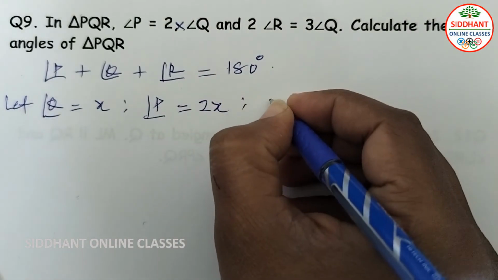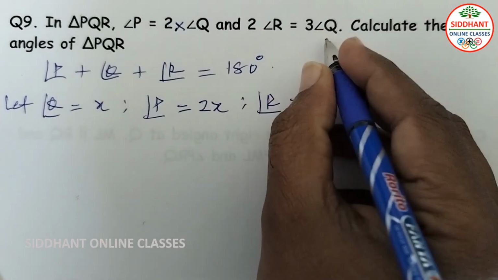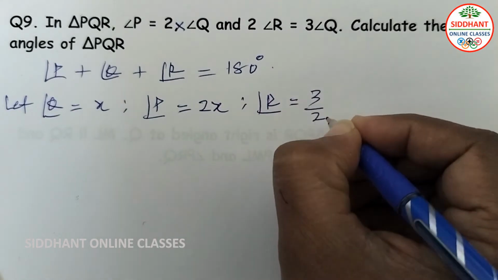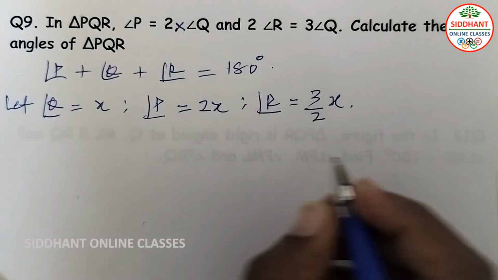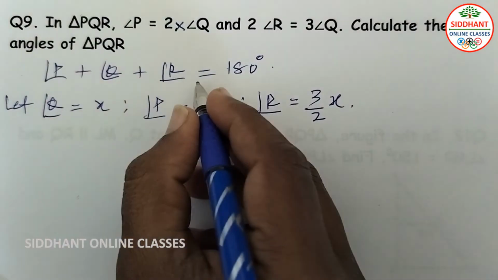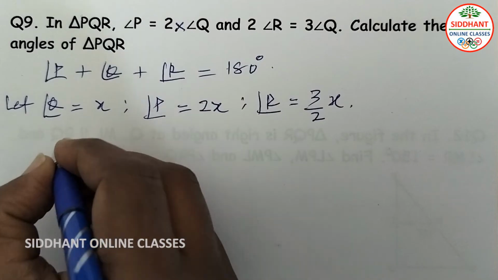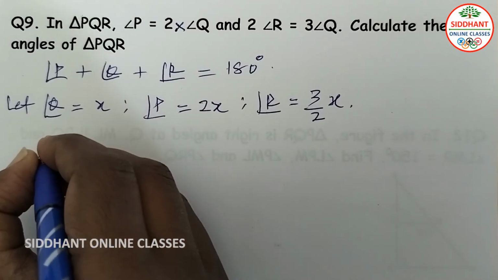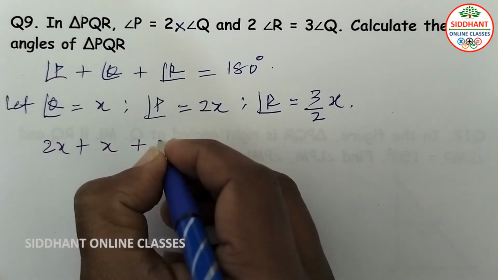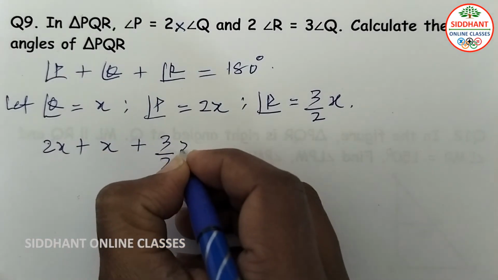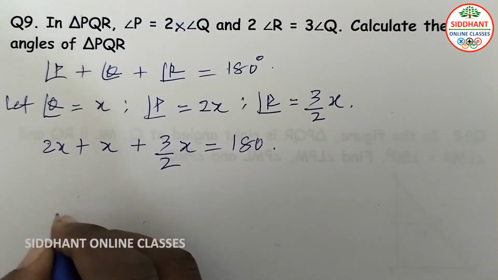Then angle R will become 3 by 2 x here. So we know that the sum of angles is 180. So when you input these values, we get 2x plus x plus 3 by 2 x equals 180 here.